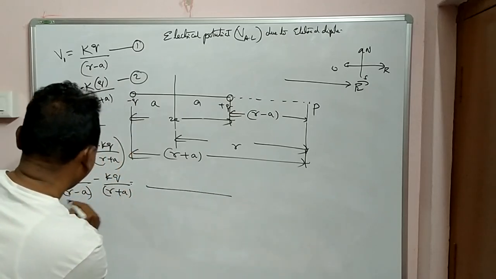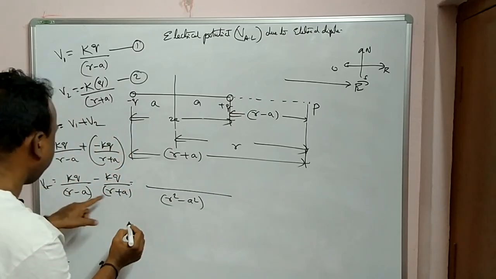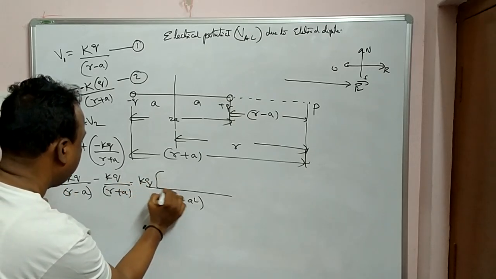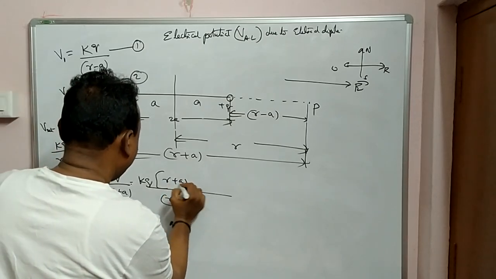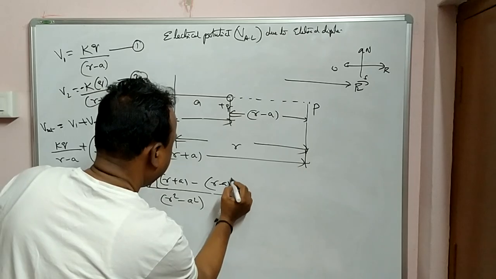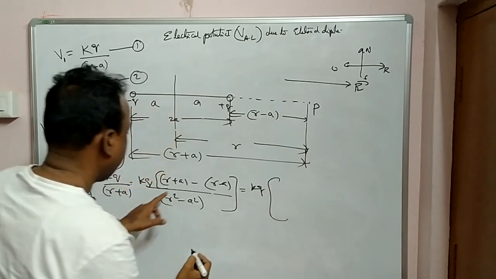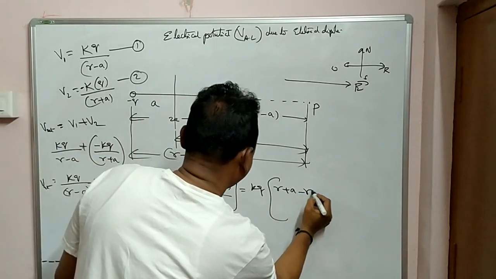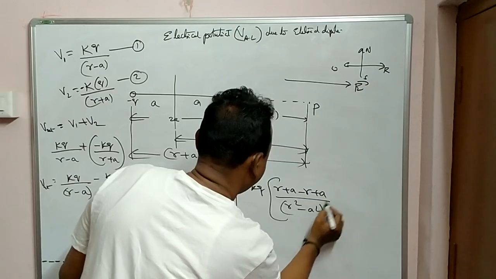Take the LCM, (a plus b) into (a minus b), a square minus b square. And I'll take kq common. Here r plus a will have minus, and here you will have r minus a. So this implies kq into (r plus a minus r plus a) by (a square minus b square).